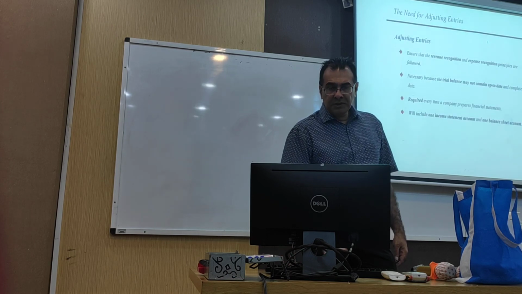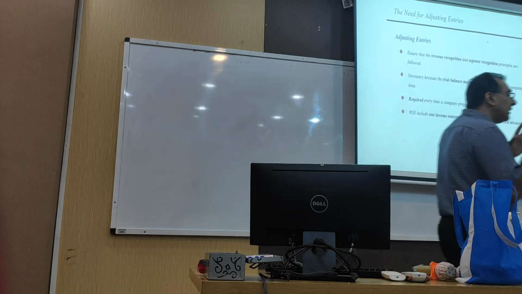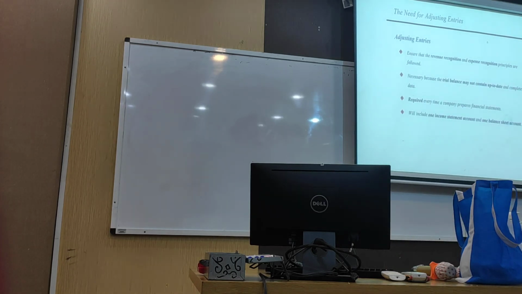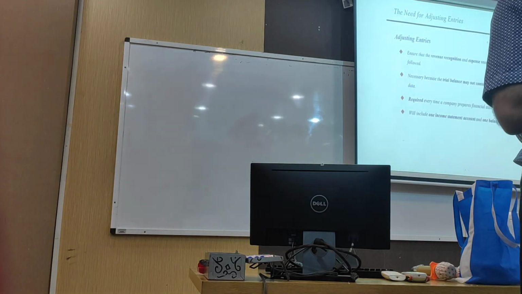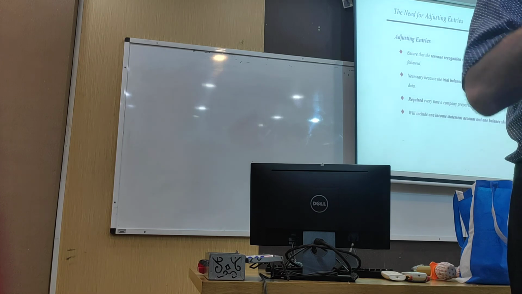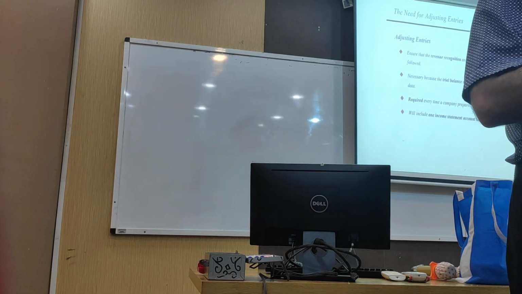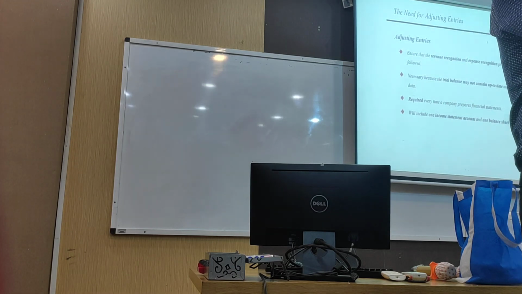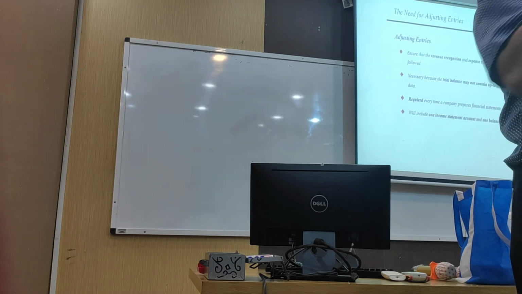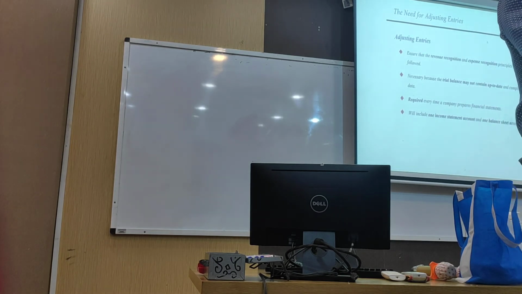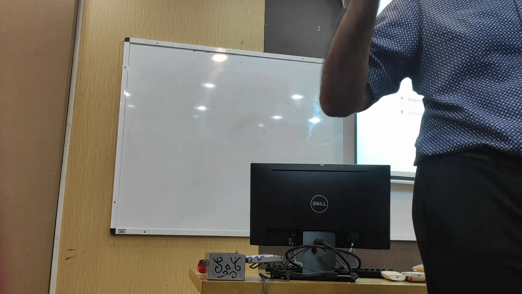All right, good. So now we move on to the heart of this chapter 3, which is adjusting entries. Now, what do we mean by adjusting entries? We simply want to make sure at the end of the period, all the revenues and expenses are correctly recorded so that my financial information is complete and accurate.